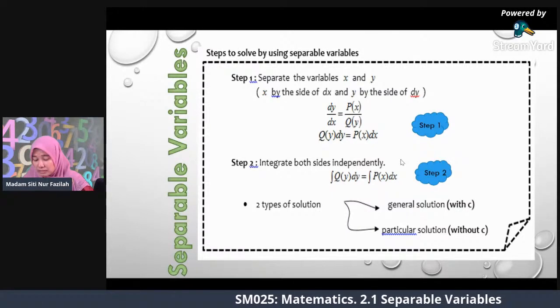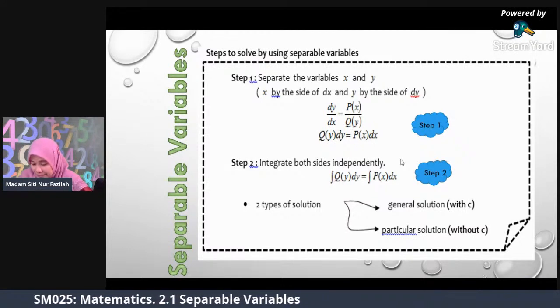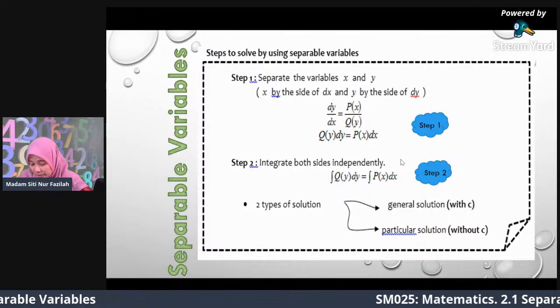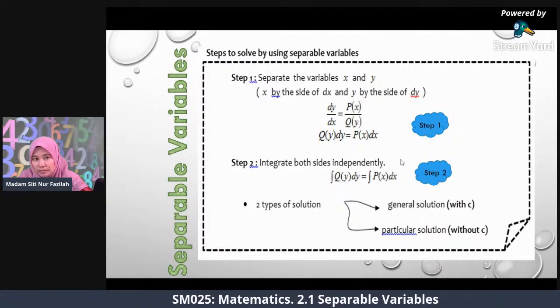For your information, we always let the function of x be on the right side and the function of y on the left side.